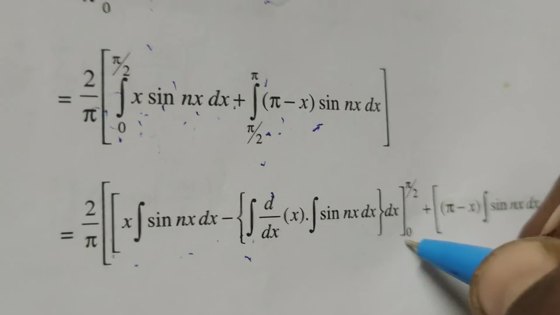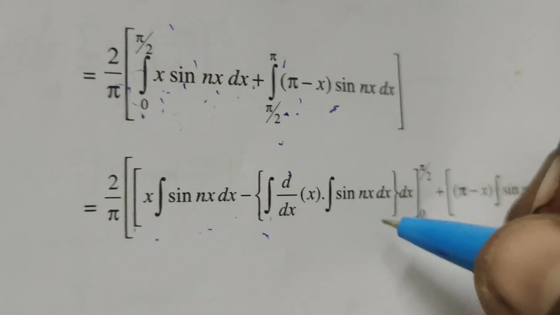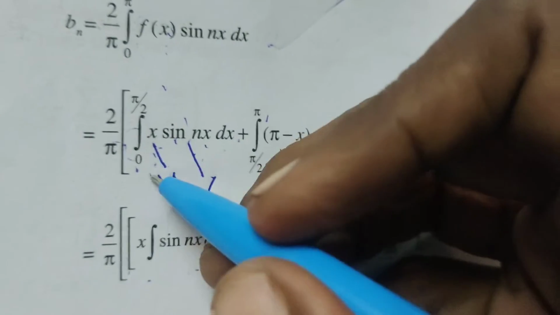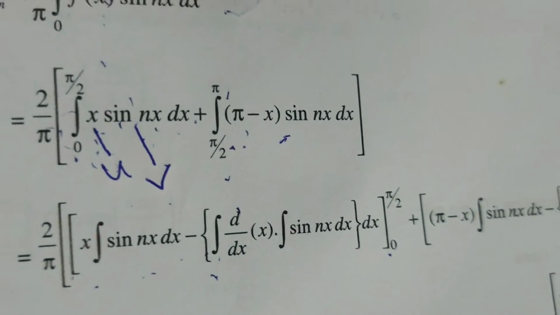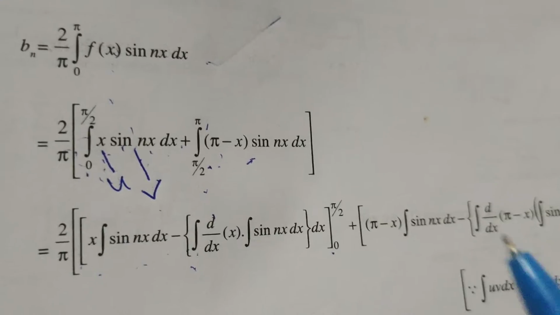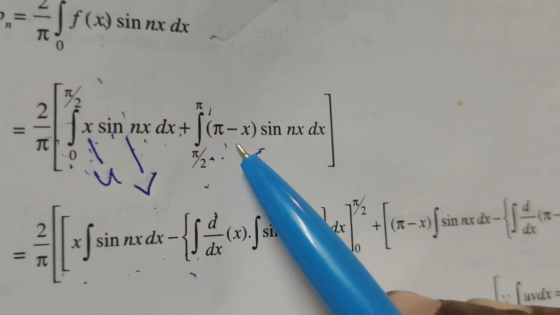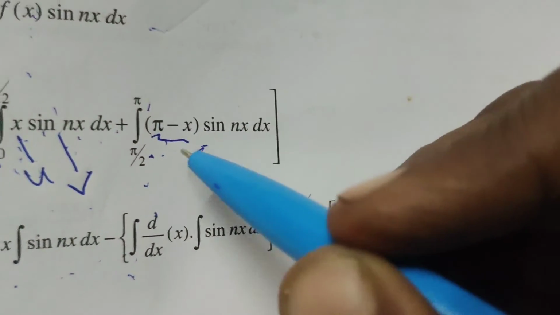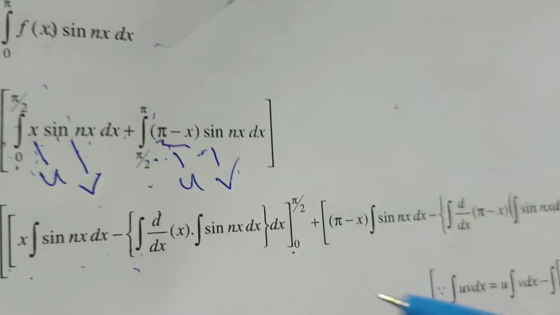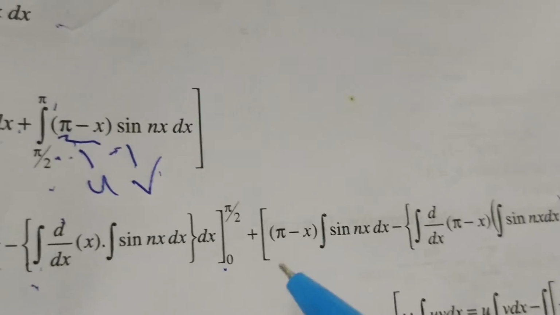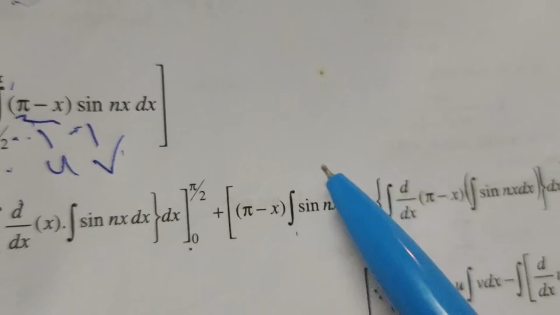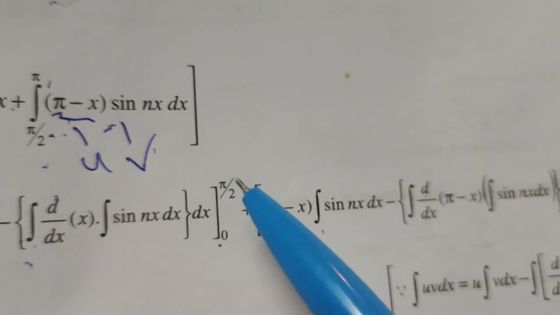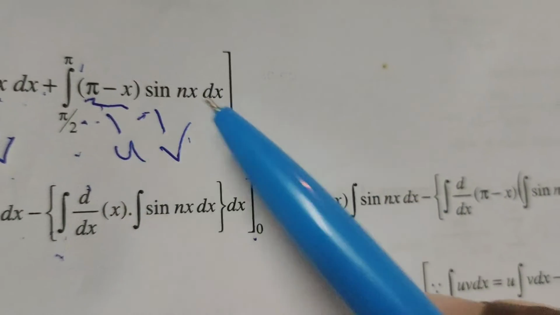Now substitute the limits 0 to π/2. Assume that x is u and sin(nx) is v. For the second integral, also using the formula, assume that π − x is u and sin(nx) is v. Now π − x times the integral of sin(nx), that is u times the integral of v dx.